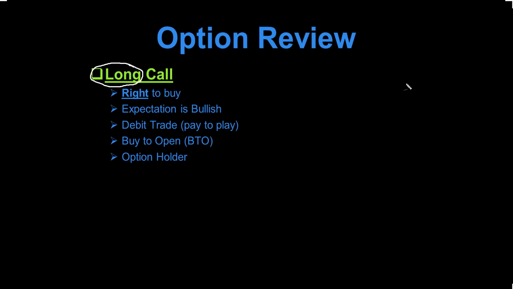Well, when you get into the world of options, long does not necessarily mean you are bullish. All long means in the option world is that you bought an option contract. That's all it means.